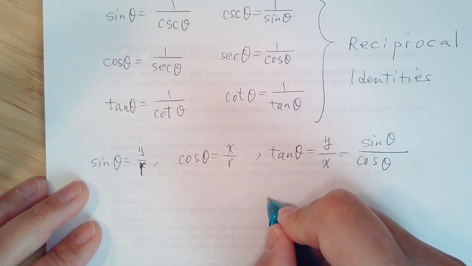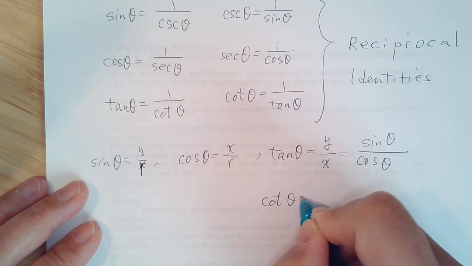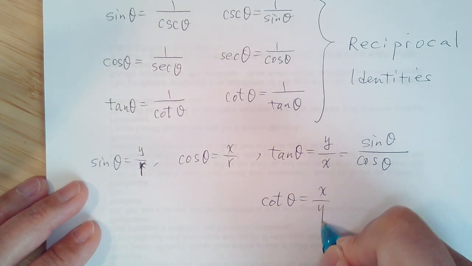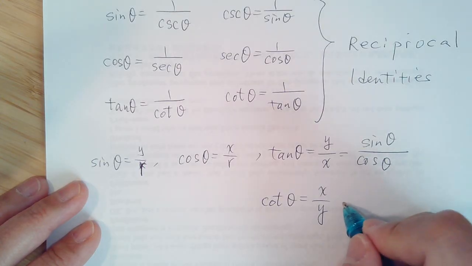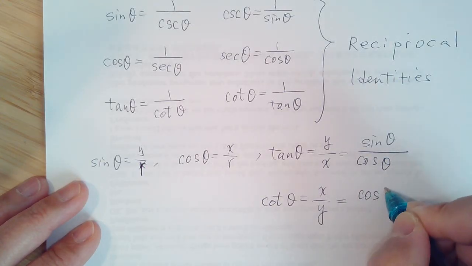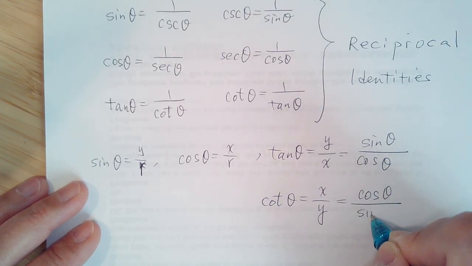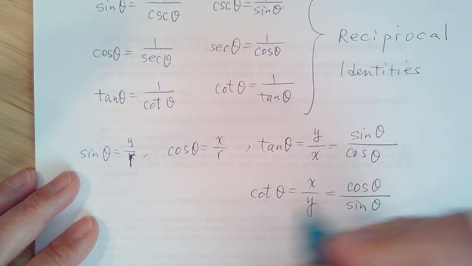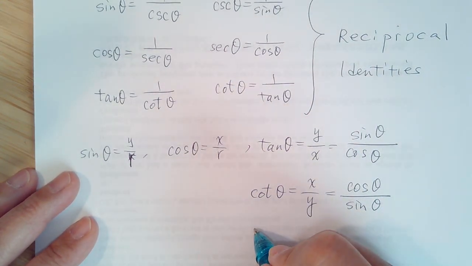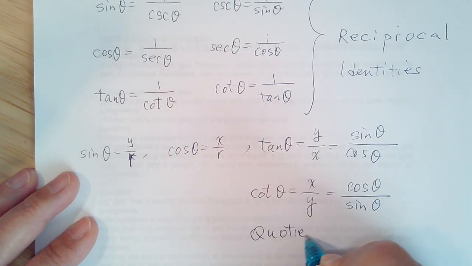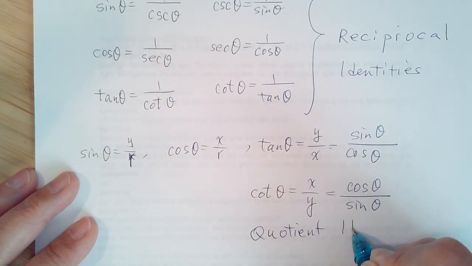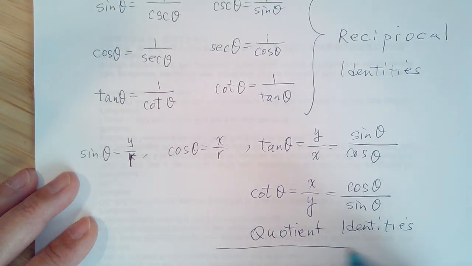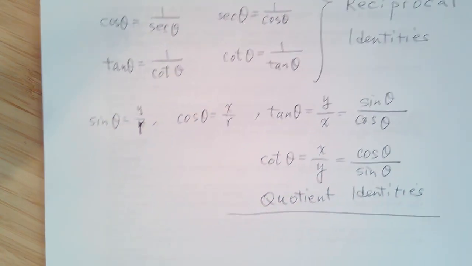At the same time, the cotangent theta is x over y, which is cosine theta over sine theta. And what is that called? This is called the quotient identities.